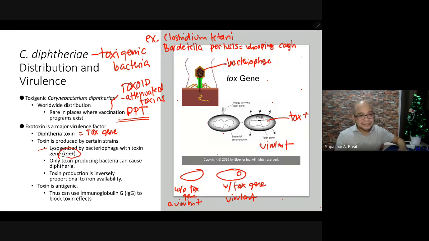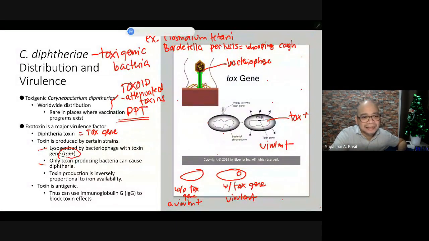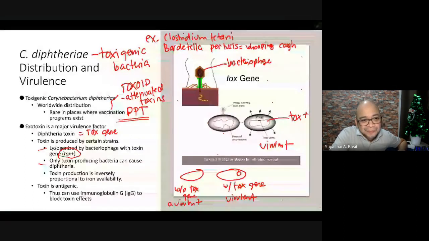It says here that only toxin-producing bacteria can cause diphtheria. If the bacteria are not capable of producing toxin, then they are avirulent.